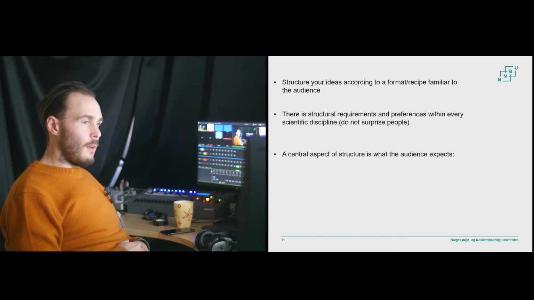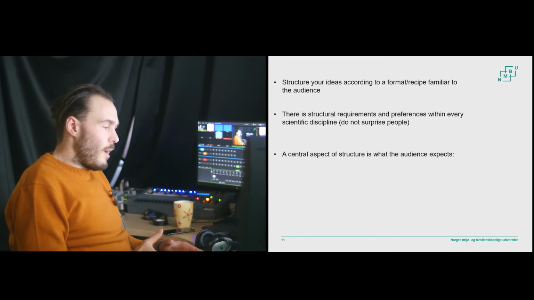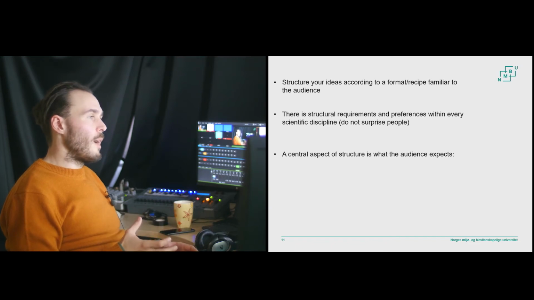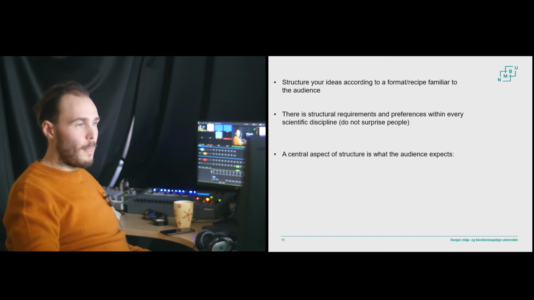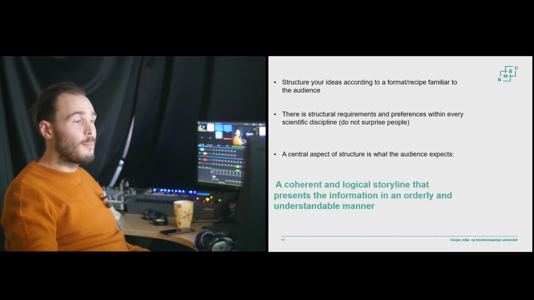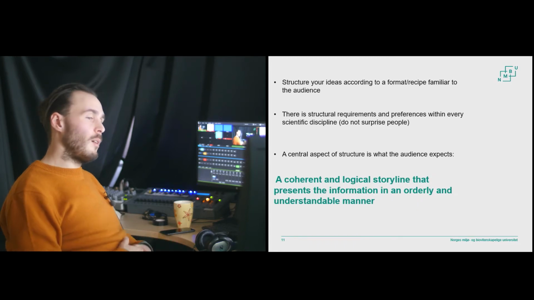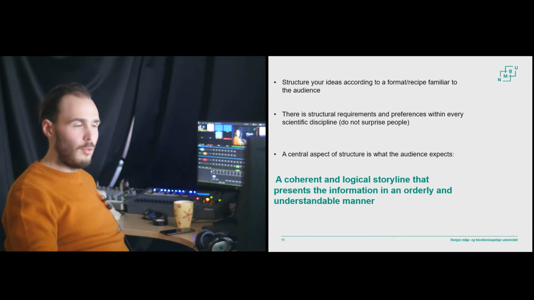So one thing is, you really want to structure something in a certain way, composing something in a certain way to communicate information as best as possible. But a central aspect of structure is also what the audience expects. And what they tend to expect is a coherent and logical storyline that presents the information in an orderly and understandable manner.